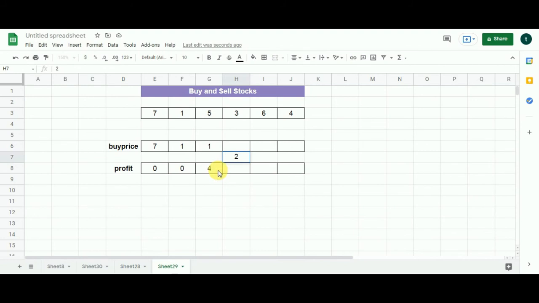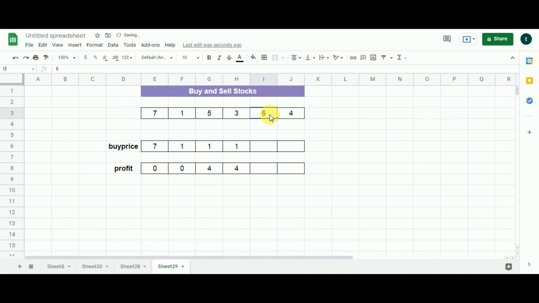Alright, so we are chasing the maximum profit between 4 and 2, which is maximum? So the maximum will be 4. So I remove 2 from here and I populate 4 over here. What will be the value that I'll populate in this cell of the buy price array? It will be the minimum of 1 and 3, which will be 1 only.